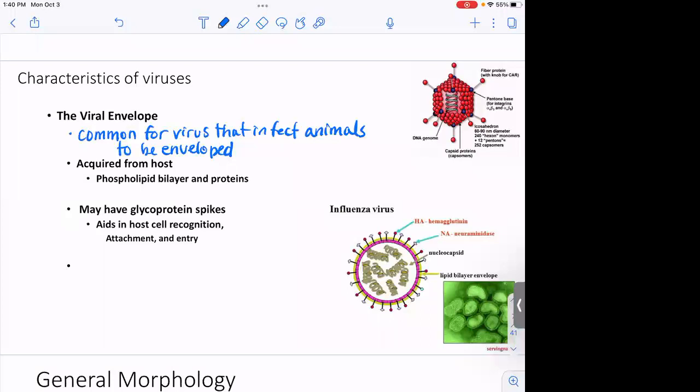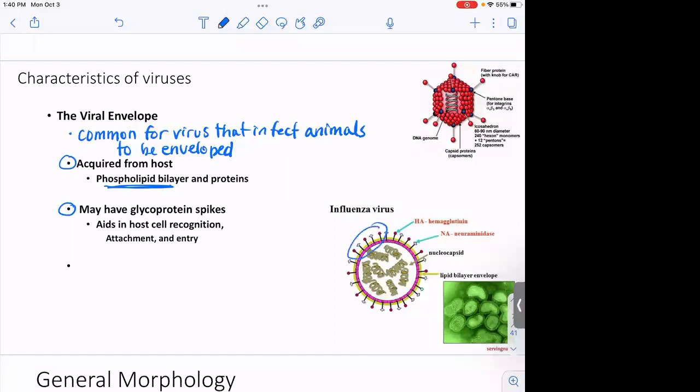Not all of them, but a lot of them do, more so than ones that infect bacteria. Most of them don't. Okay, where do they get that envelope? Well, they acquire them from the hosts, either from the nuclear membrane or the plasma membrane. Okay, so it's made up of what our nuclear membranes or plasma membranes would be, a phospholipid bilayer. There may be some glycoprotein spikes sticking out from that.